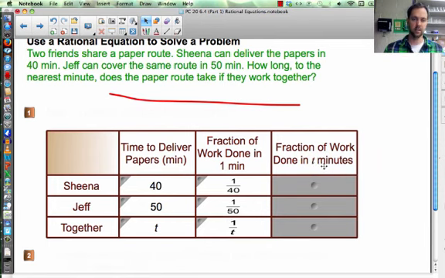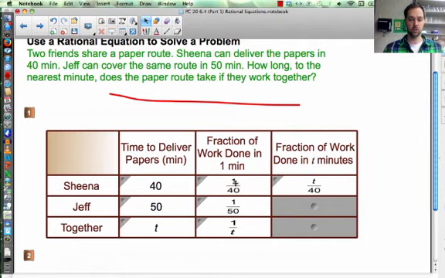Fraction of work done in T minutes. Okay, so T minutes, this is kind of tricky to understand. But if she does 1/40th of the work in 1 minute, then in T minutes, she does T 40ths of the work. Okay, so T can be any amount of minutes.